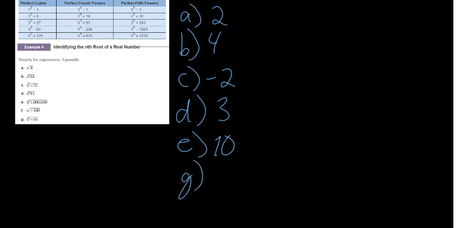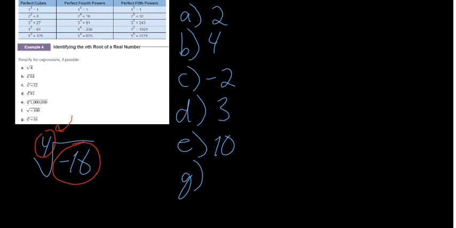All right, G's again, we're going back to the simple one. We have the 4th root of -16. This is an even index, and we have a negative radicand. If this were odd, I skipped F. I did skip F, I'll go back.